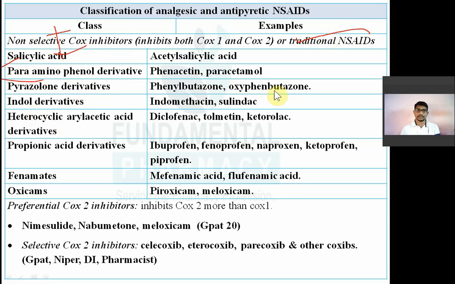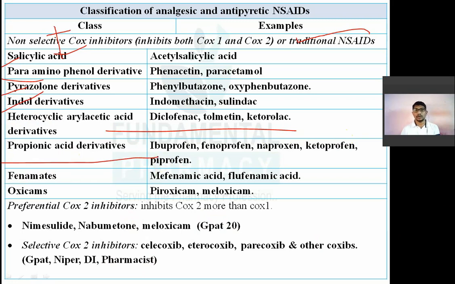Then the next class is the pyrazolone derivative. In that you have phenylbutazone and oxyphenbutazone. Next class is the indole derivative. You have indomethacin and sulindac. Next class is the heterocyclic acetic acid derivative. In that you have diclofenac, tolmetin and ketorolac. The next class is the propionic acid derivative.